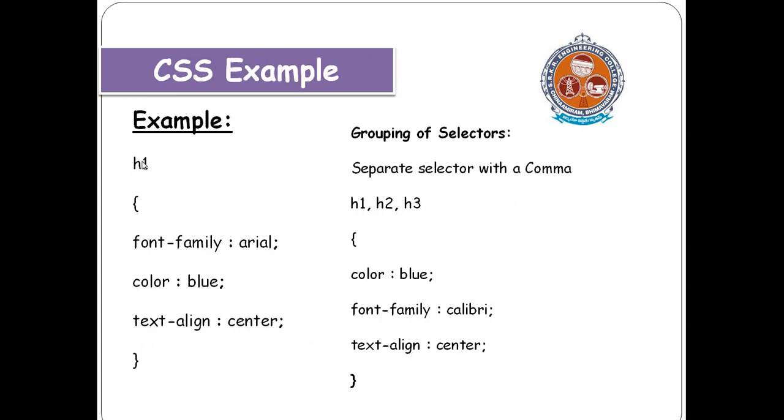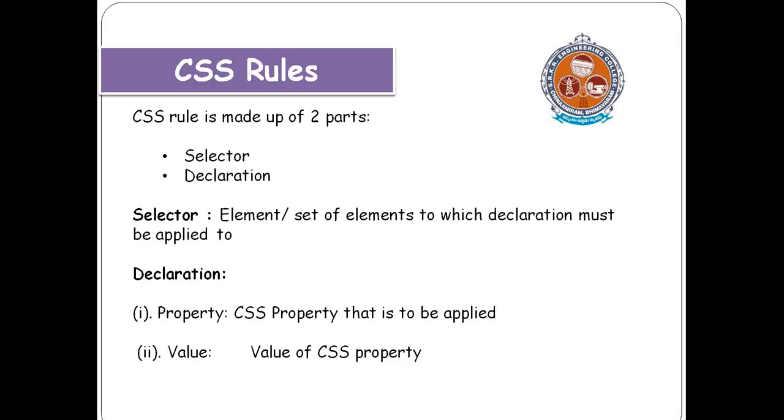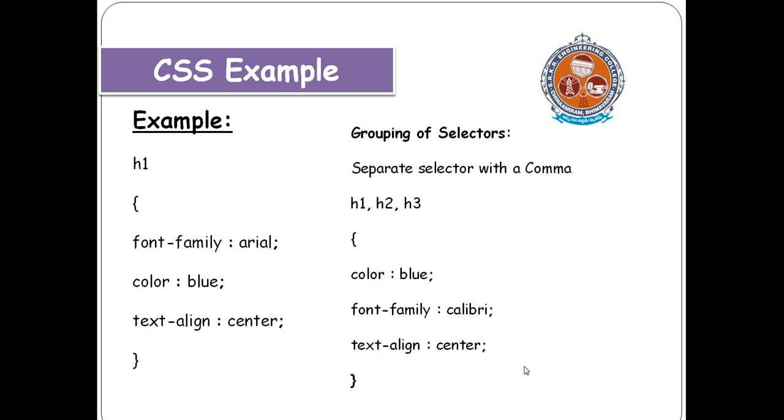That means this is the selector and this is the declaration that must be applied. Here the declaration has a property, which is a CSS property to be applied. So whenever you use h1, it has the properties, such as font-family Arial, which is to be applied.